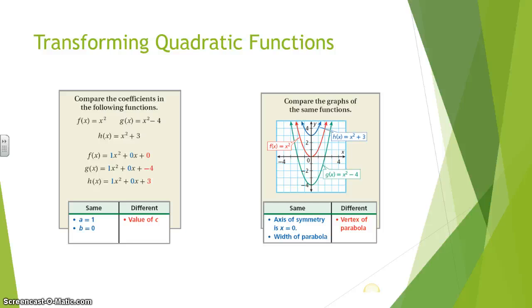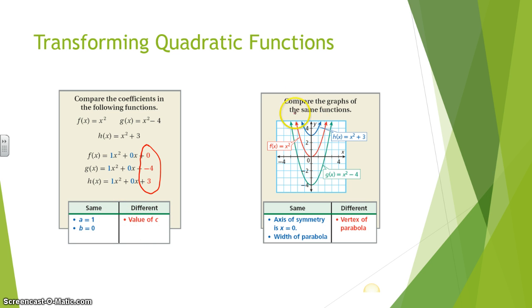Here we're going to be comparing the coefficients of the following functions. We have f of x equals x squared, g of x equals x squared minus 4, and h of x equals x squared plus 3. The only difference with these three quadratic functions is the last value is changing. Your a's are all the same, your b's are all the same, but what's different is your value c.